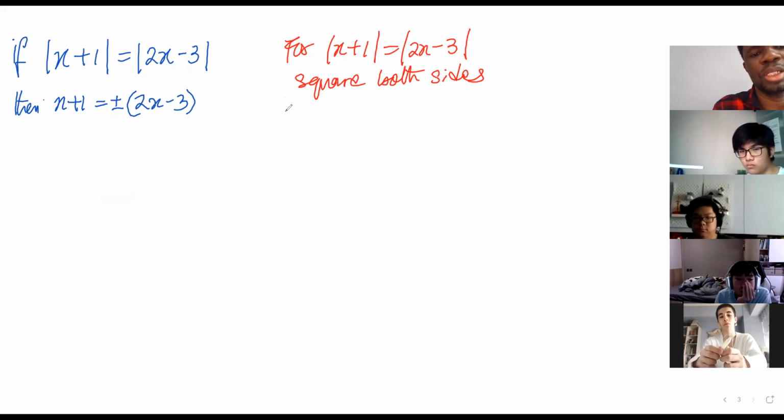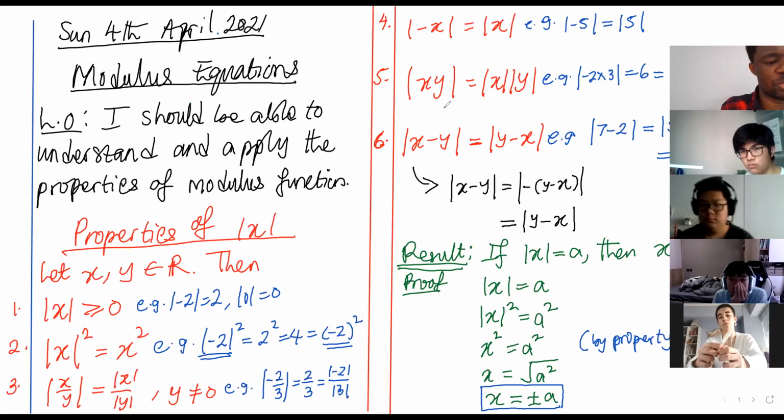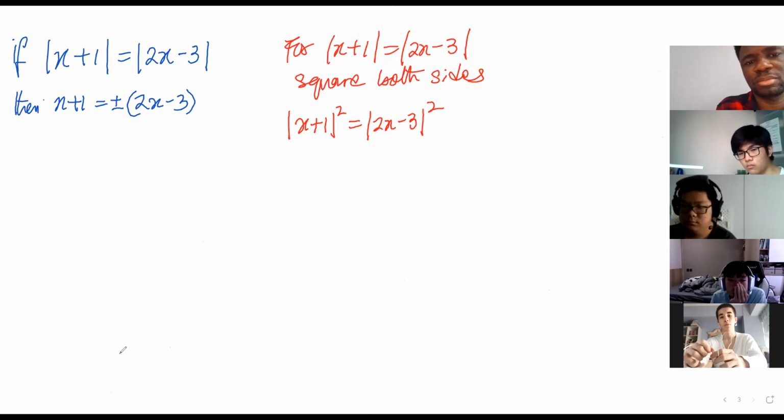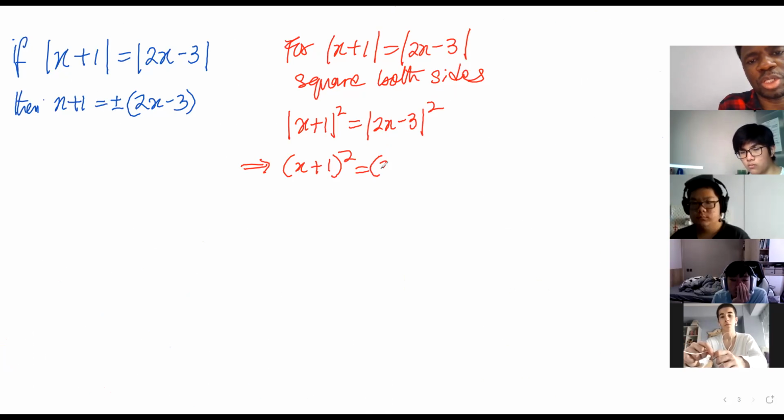So, absolute value of x plus 1 all squared, absolute value of 2x minus 3 all squared. By the property of absolute value, this property number 2, when you square an absolute value, it's as good as removing the absolute value and putting the square on the number itself. Which means this is as good as x plus 1 all squared, while this is as good as 2x minus 3 all squared.